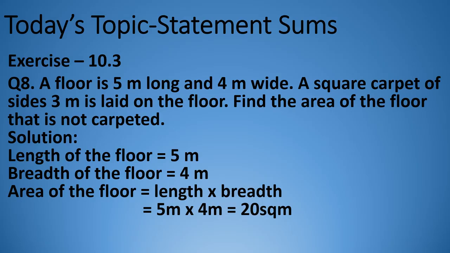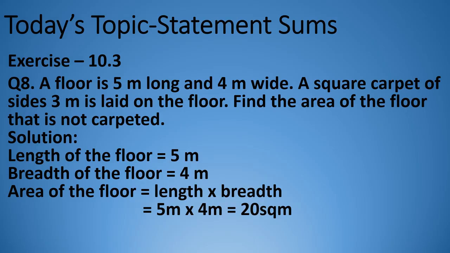Length and breadth of the floor is given to you. It is asked that on this floor you have to lay a carpet, and that carpet is square in shape whose side is 3 meter. Now you have to find out the area of the floor that is not carpeted.